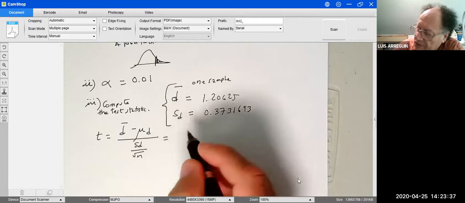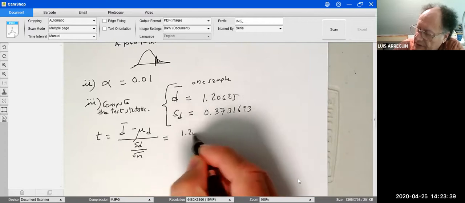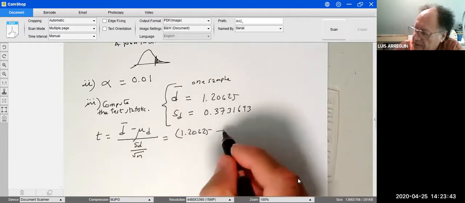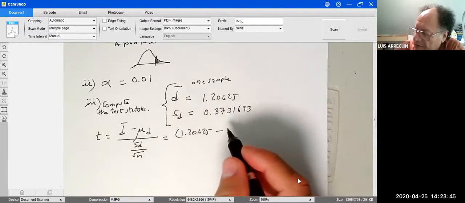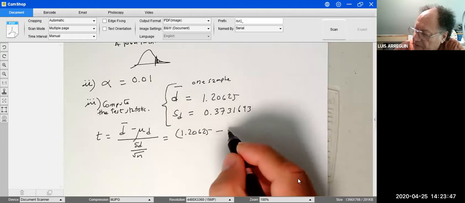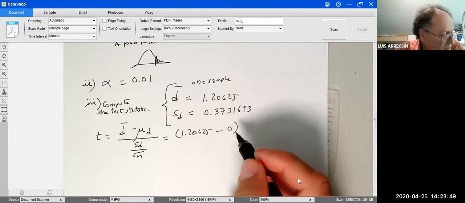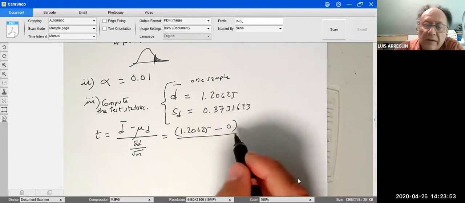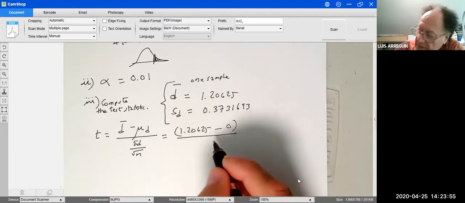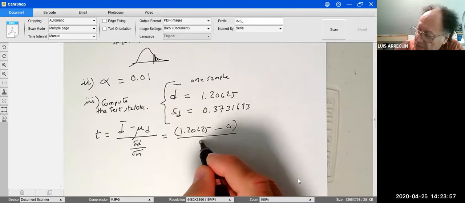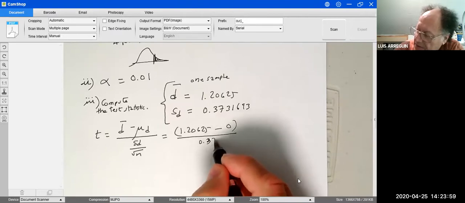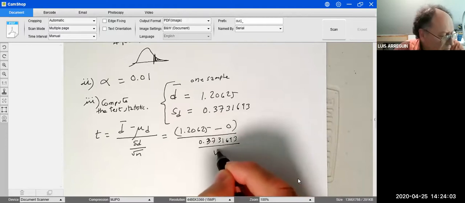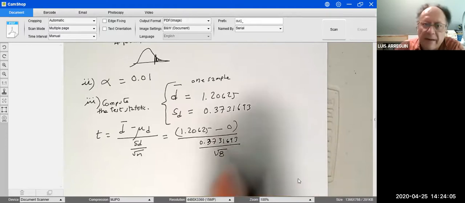The mean is 1.2625 minus the population mean of differences, which is going to be 0 because we expect no changes, no effects from the tune-up, and then the standard deviation is 0.3731693 over the square root of 8.